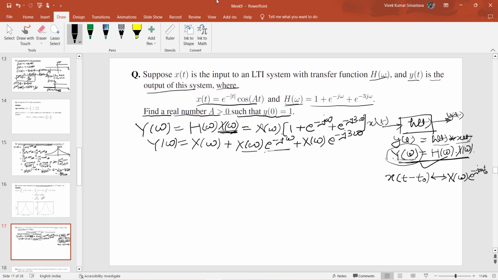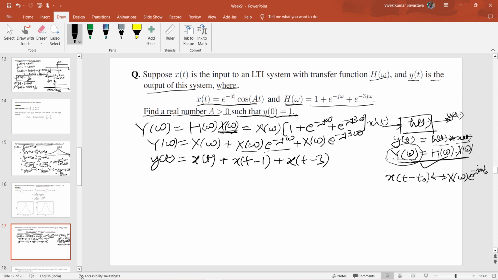So I will use this property here. So y of t is basically written as x of t plus x of t minus 1 plus x of t minus 3.